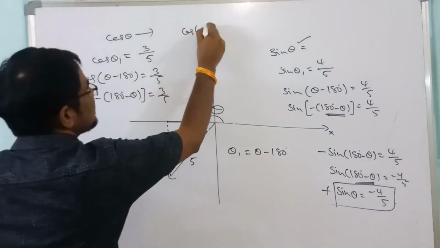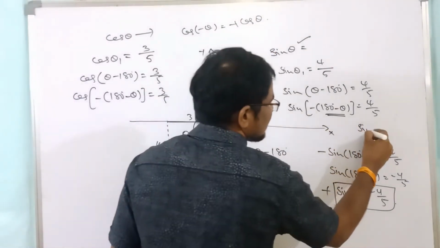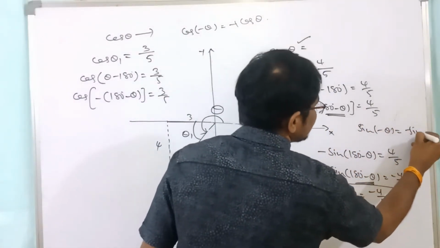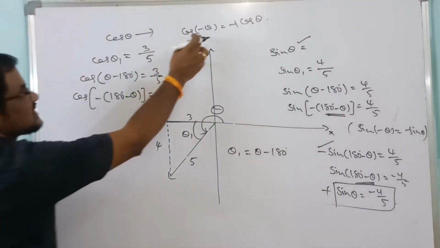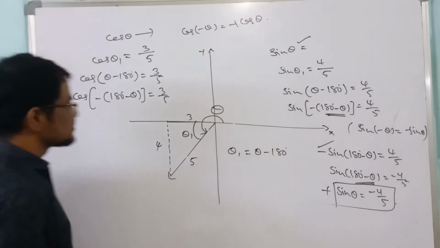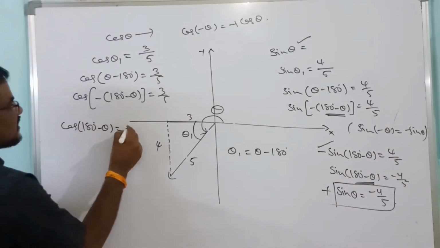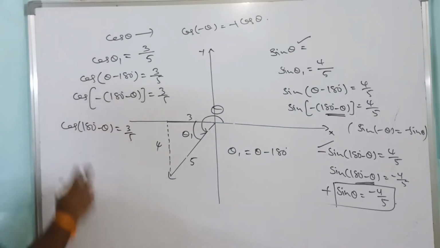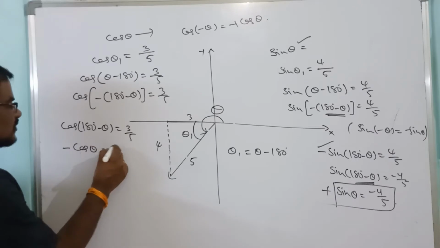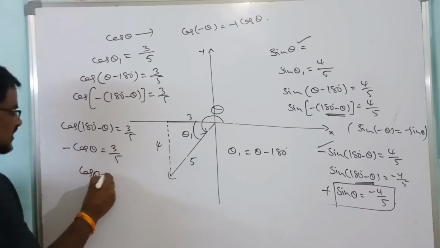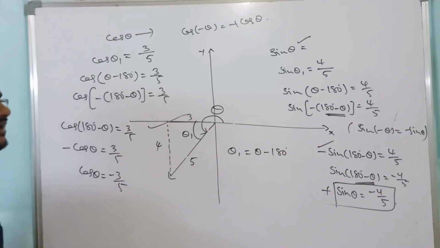But cos of a negative angle equals plus cos, while sin of a negative angle equals minus sin theta, so that's why we got negative there. But cos of minus theta gives plus cos theta. So cos of 180 minus theta equals 3 by 5. Cos of 180 minus theta, in the second quadrant, cos is negative. So cos theta equals minus 3 by 5, because in the third quadrant cos is negative.